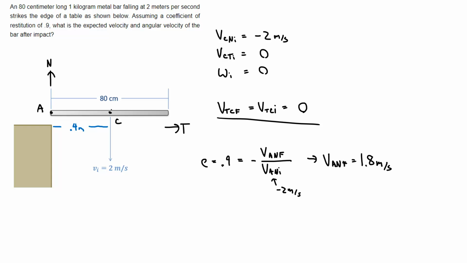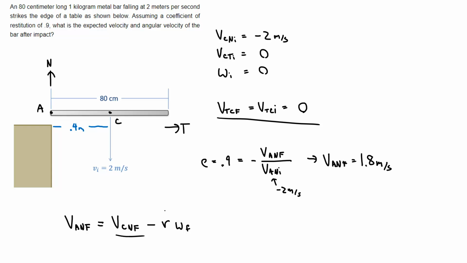I need to relate that to point C. This is going to be general planar motion. And so VANF is going to be equal to VCNF, which is what I'm actually looking for, I want to know the final velocity of point C, not of point A, minus R omega final.